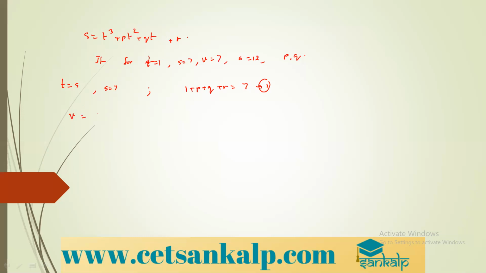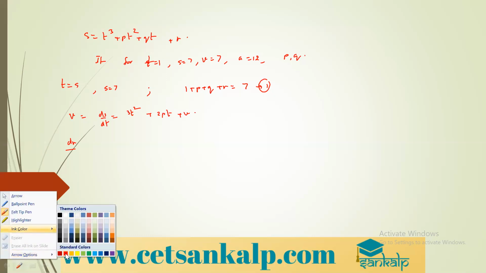Similarly, velocity is ds by dt, that is 3t square plus 2pt plus q.